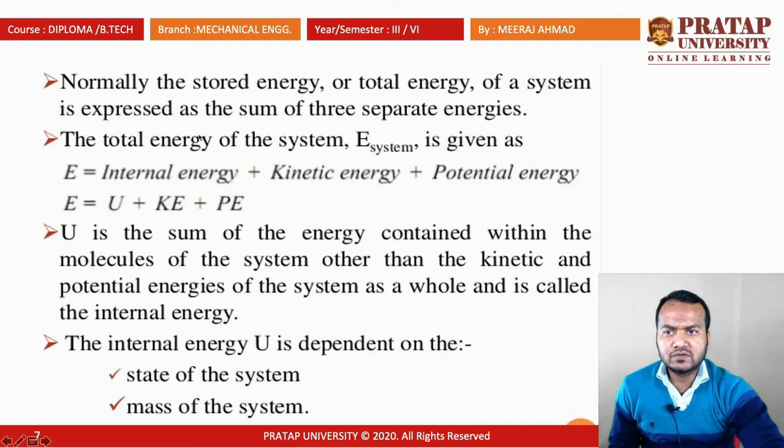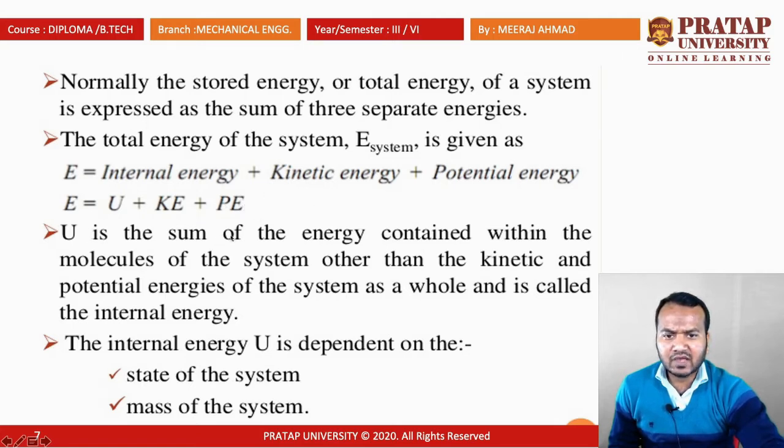Normally the stored energy, or total energy of the system, is the sum of three separate energies: internal energy, kinetic energy and potential energy. Internal energy is denoted by U, the kinetic energy depends on the velocity, and the potential energy depends on the height of the system from the reference datum line.